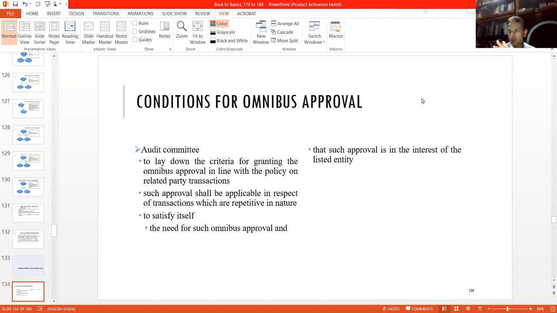But OCOB is not a stumbling block against transactions in most cases. However, the key term is arm's length. This is where most audit committees fail to do the proper job that is expected of them. What is arm's length?